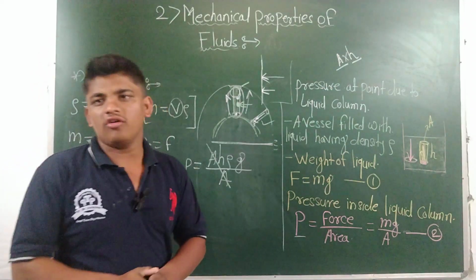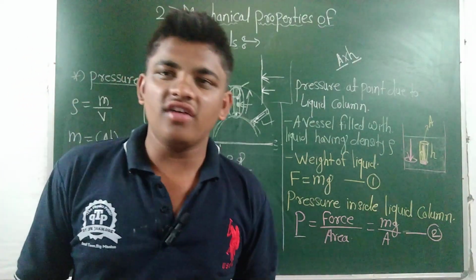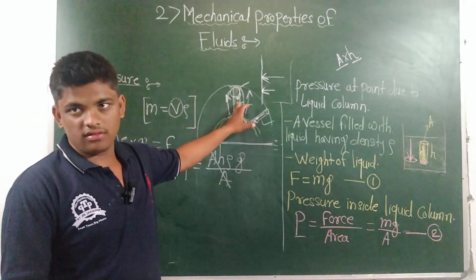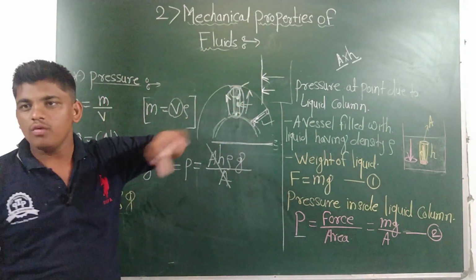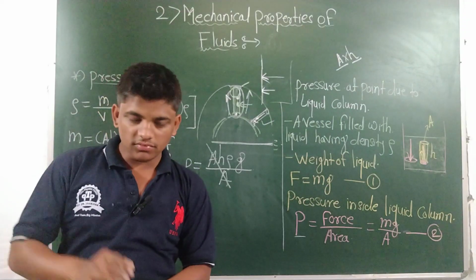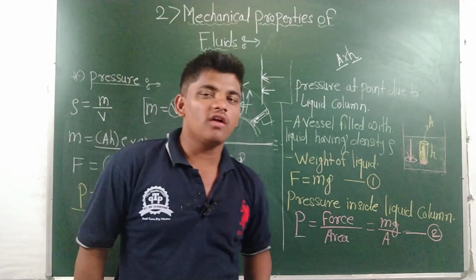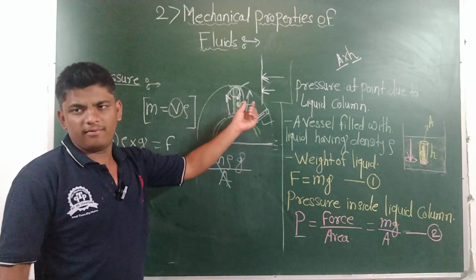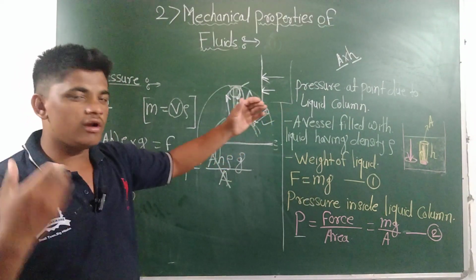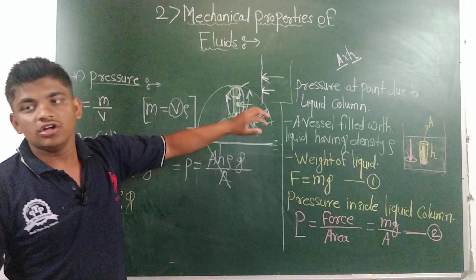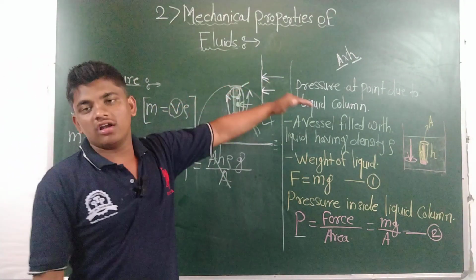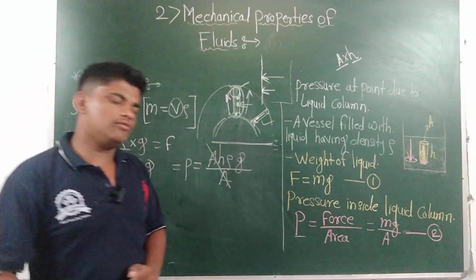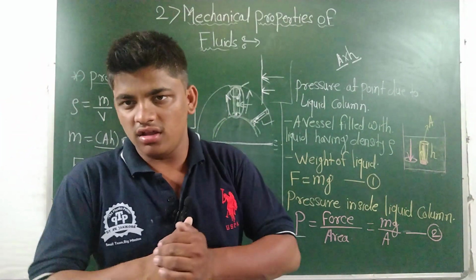And just to discuss the atmospheric pressure, the atmospheric pressure is equal to the weight of the vertical column of air from that point to the top of earth's atmosphere.